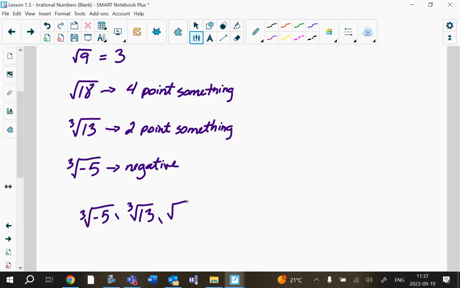And this is the biggest because it's 4 point something. And that's how we would do it. Okay? We only needed to approximate. I mean, I suppose you could use a calculator, punch them in, and find them. Works much the same way. But it helps to have some good estimation skills.